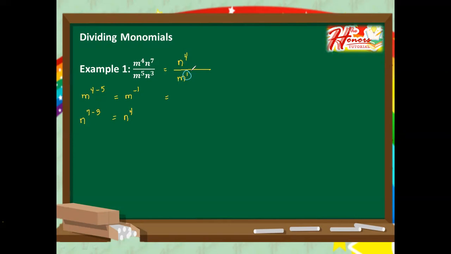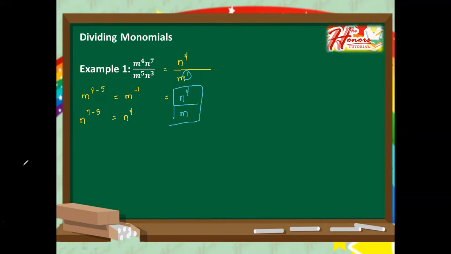We don't want that. We don't usually write 1 as the exponent. We keep it as an invisible number. So we will write it as n raised to 4 over m because 1 should be invisible. So the final answer is n raised to 4 over m.